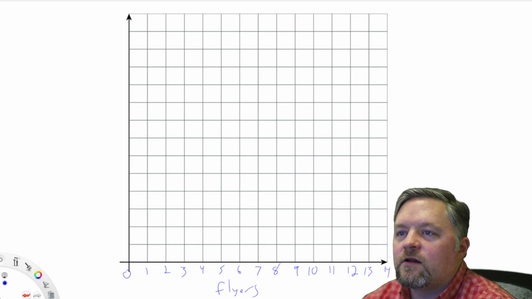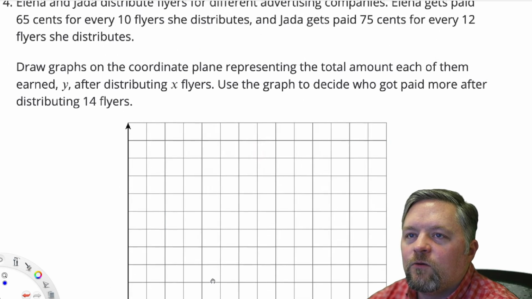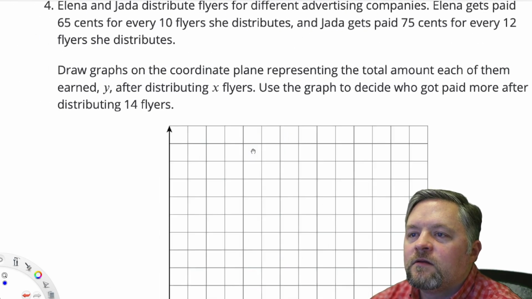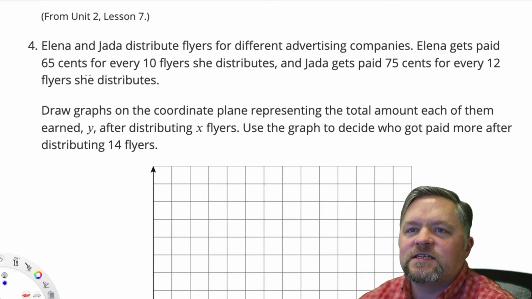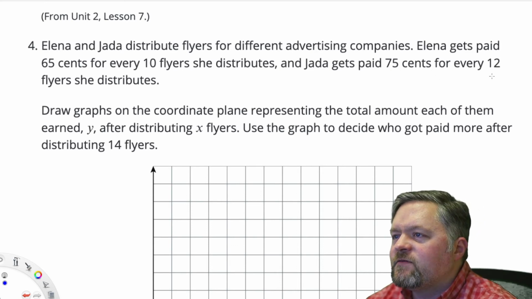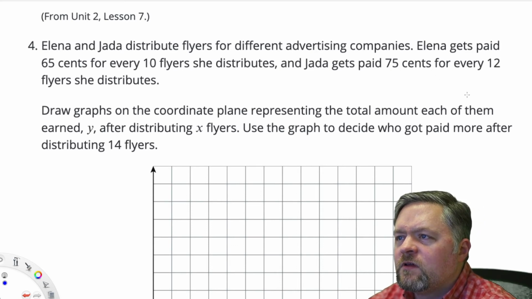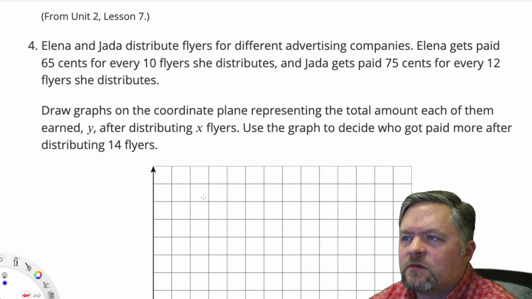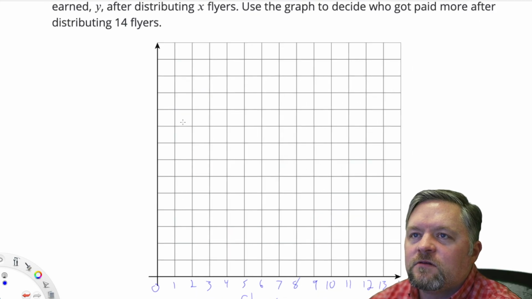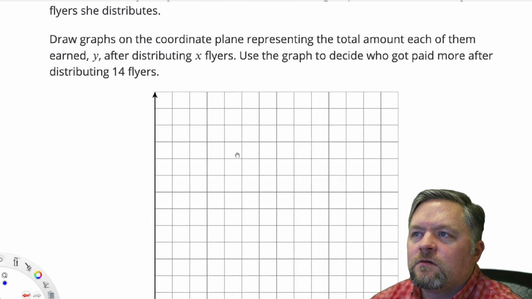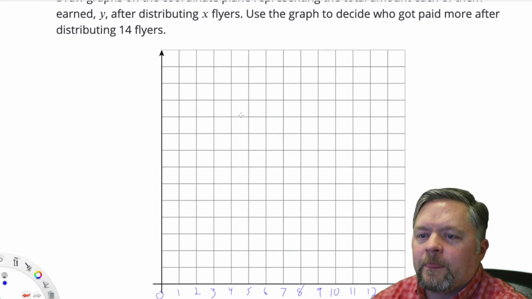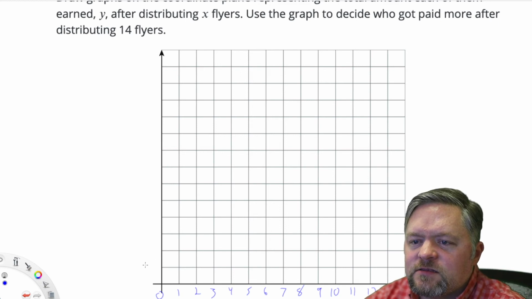Now, on our other axis, we want money. They're getting like 65 cents for 10, 75 cents for every 12, which means we don't need to go up much more than $1. Let's count by 10 cents. 5 cents might get us there.